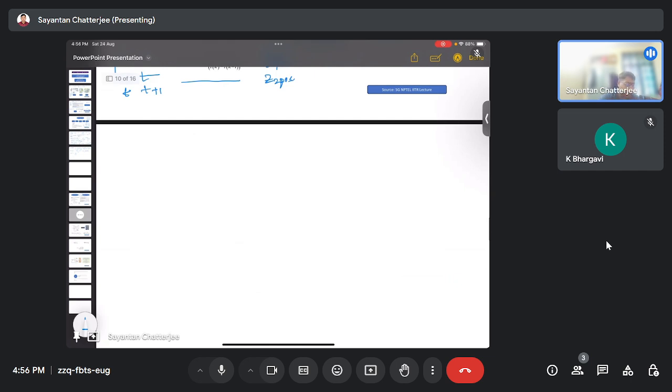Also we have signal based operation as well as signal injection, not signal based only, and positive feedback based.